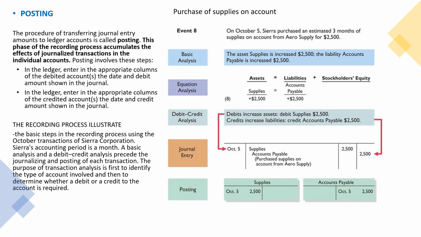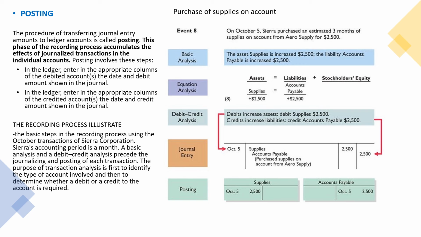In the ledger, we enter in the appropriate column of the debit account the date and debit amount shown in the journal. And then in the ledger, we enter in the appropriate column of the credit account the date and the credit amount. So we've got to make sure we put in the right account name or title.